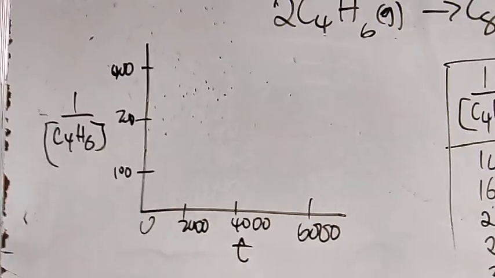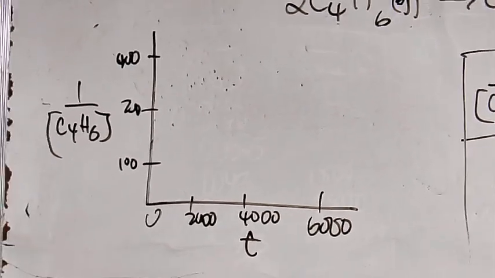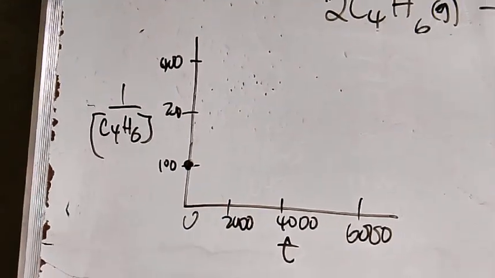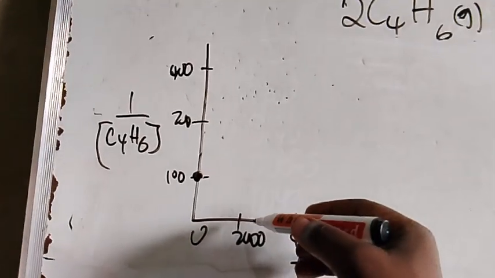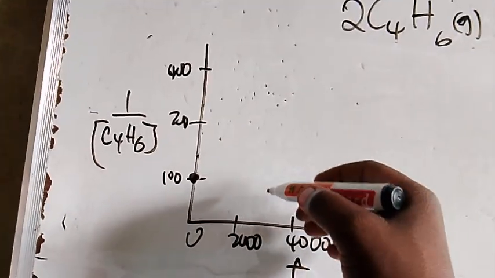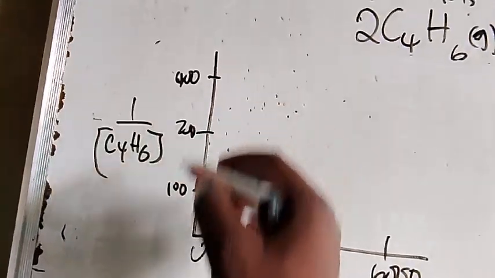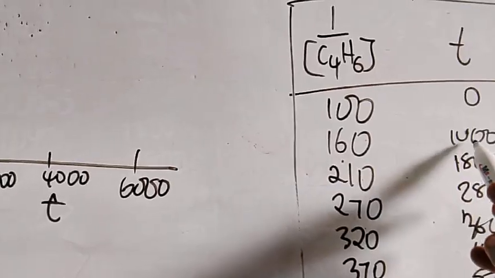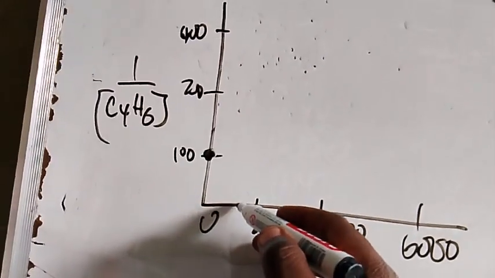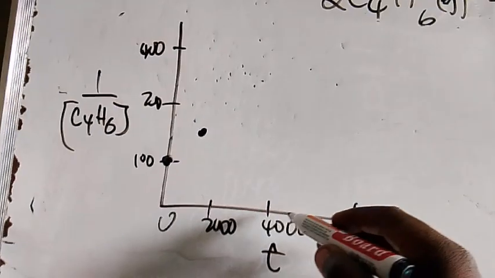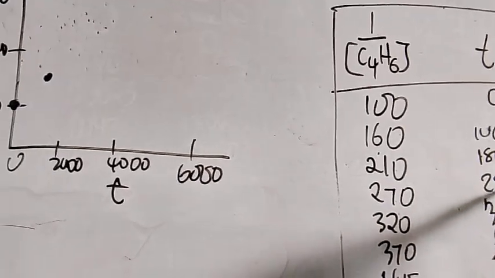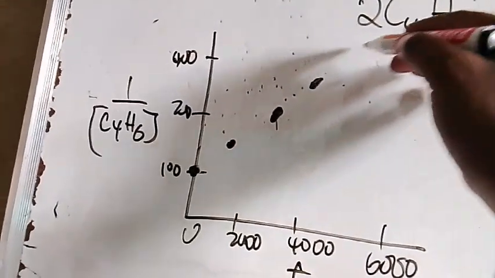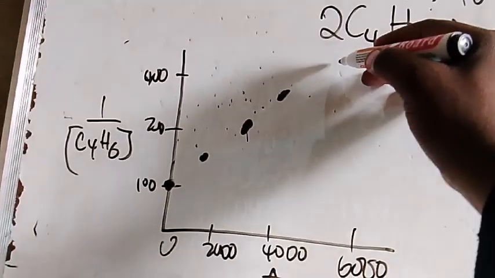Now we plot these points. We have 0, 100 there. Then 160 at 1000, 1000 is here and 160 somewhere here. Then 1800 goes with 210 somewhere there, then 6000 with 481 somewhere there.